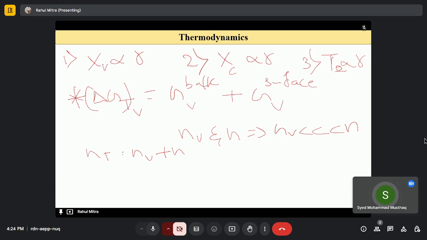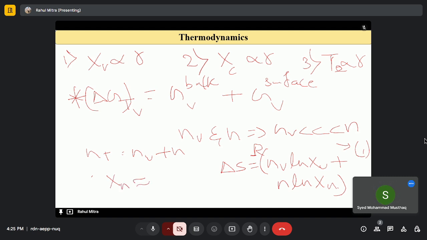We also derived the configuration entropy in the previous session. So the configuration entropy part will be NV ln XV plus N ln XN, multiplied by R. According to our assumption number 1, if NV is very much less than N, then XN will be approximately 1, so this term will be 0.